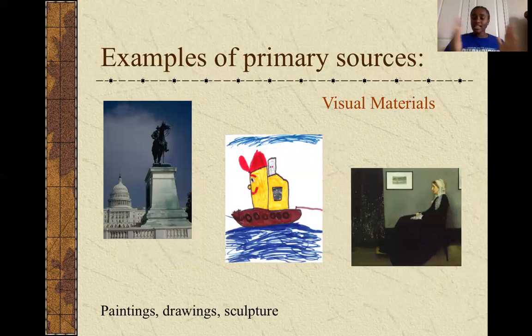Here's some more. Like I said earlier, primary sources can be pictures or drawings or sculptures, just visual material, like a painting of something that happened. Like this painting right here, it's a primary source because the painter saw it and drew it himself or herself.